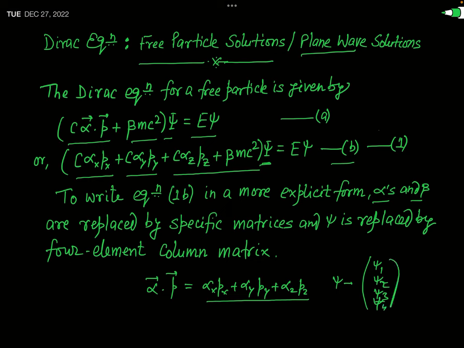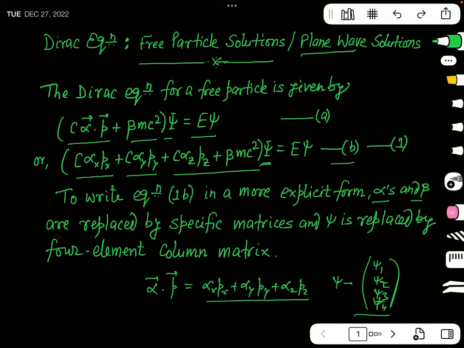We will simply use the specific matrices for the 3 alphas, that is alpha x, alpha y, alpha z, and beta, and psi will be replaced by this 4-component column matrix. After doing this, you will get this particular result.